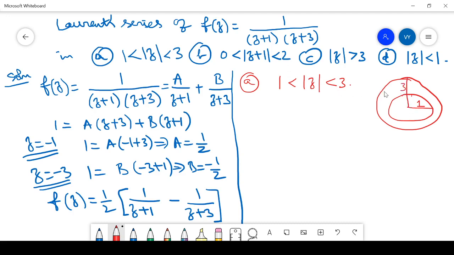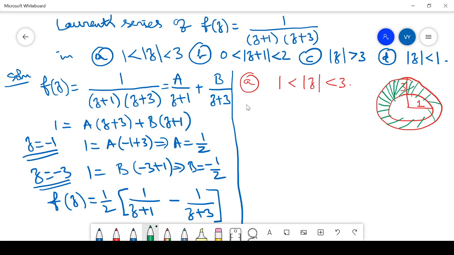So this region represents this annular region, that is in between the circles |z| = 1 and |z| = 3. Now you are going to discuss the region of convergence in this.